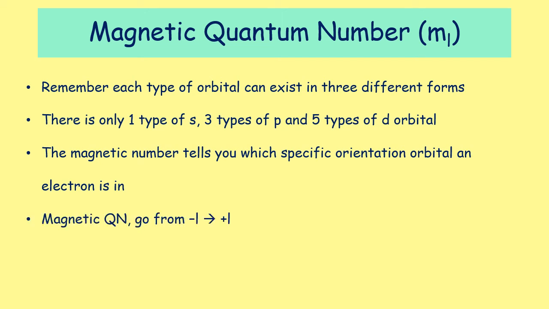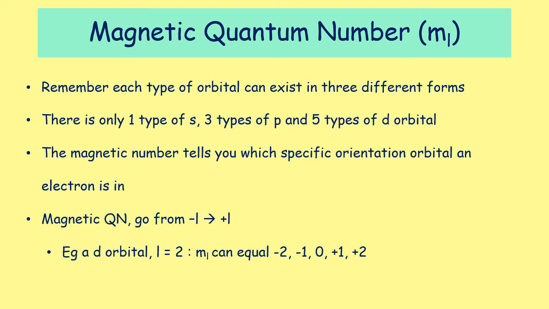So the magnetic quantum number goes from negative L to positive L. So in a d orbital, where your angular momentum is 2, your magnetic quantum number can be -2, -1, 0, +1, +2. That's 5 different magnetic quantum numbers. Each one of those corresponds to the 5 different types of d orbital. You do not need to correlate a specific magnetic quantum number to a specific orientation.